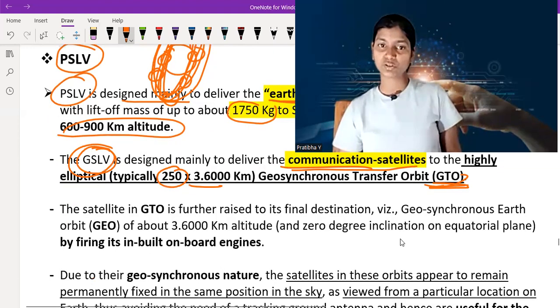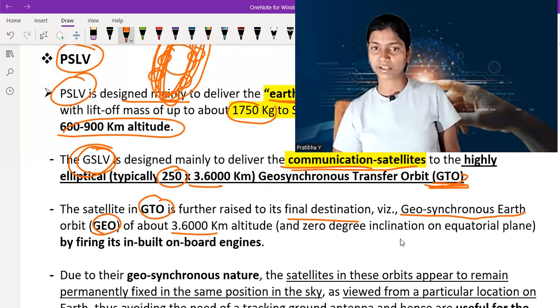The satellite in GTO is further raised to its final destination, geosynchronous Earth orbit GEO, about 36,000 km altitude and 0-degree inclination on the equatorial plane, by firing its on-board engine.